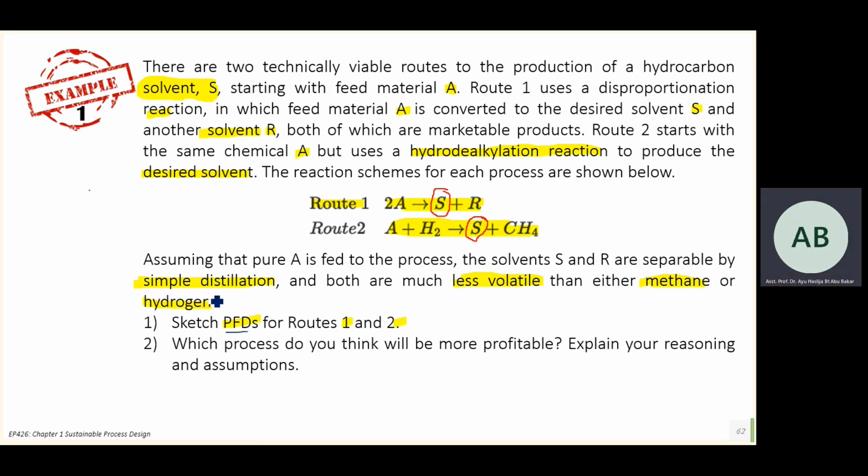Okay, this one is BFD, block flow diagram. Now we try to sketch for route 1 first. Route 1.